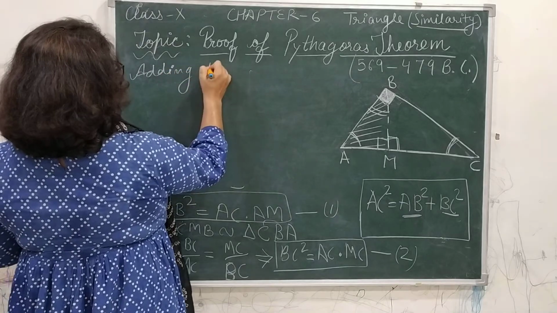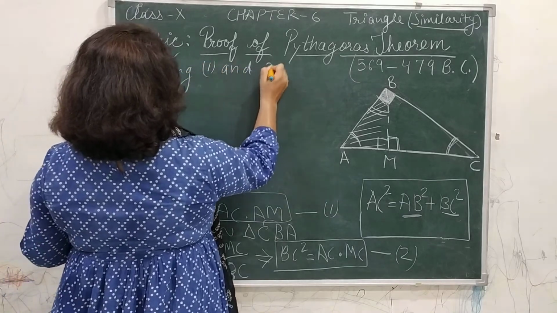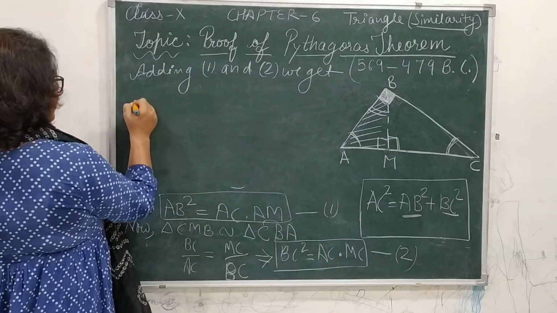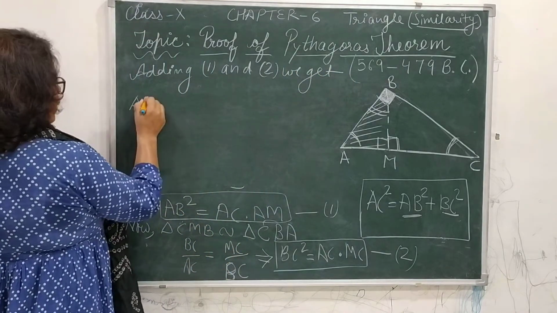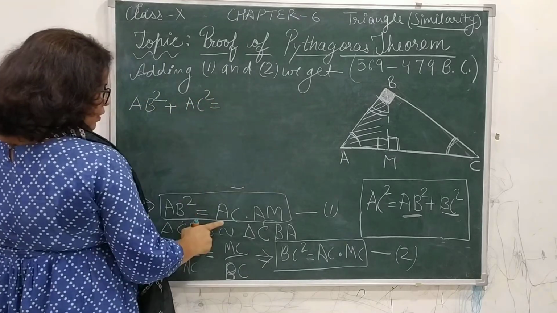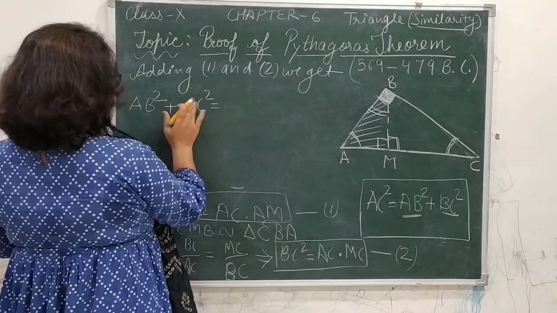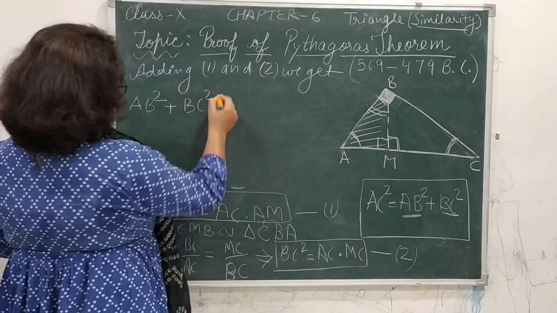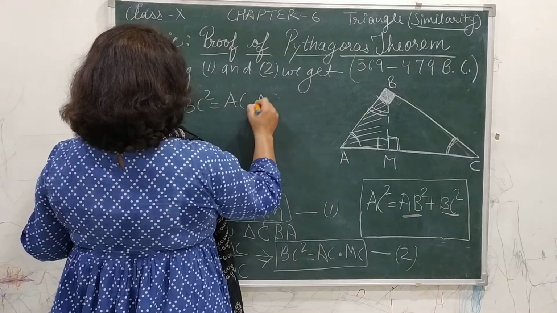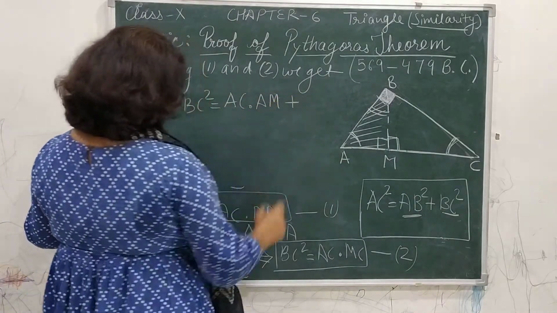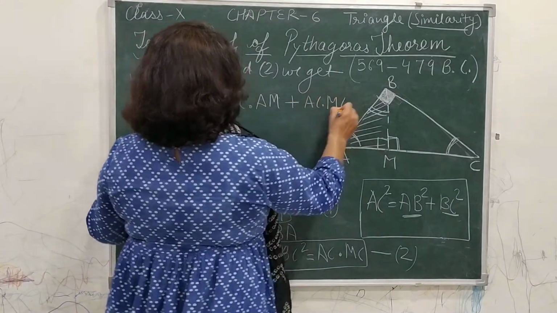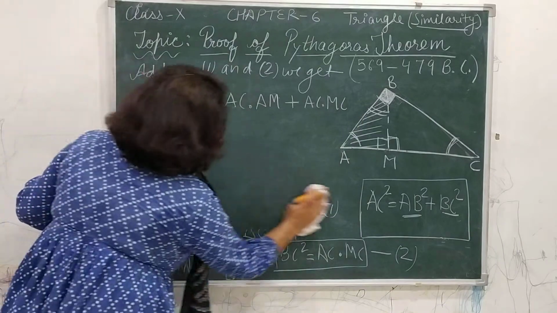Adding 1 and 2, we get AB square plus BC square is equal to AC multiplied by AM plus AC multiplied by MC.